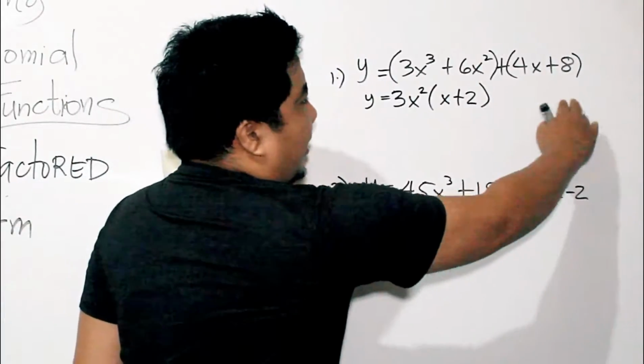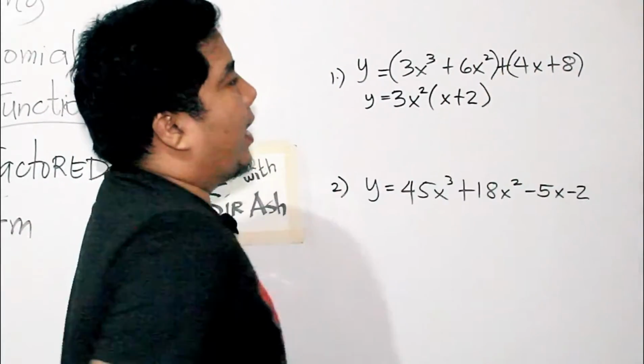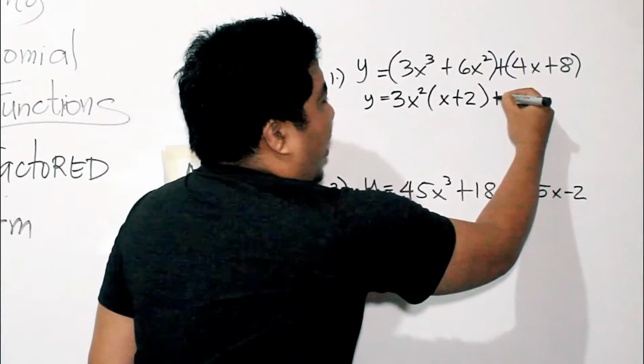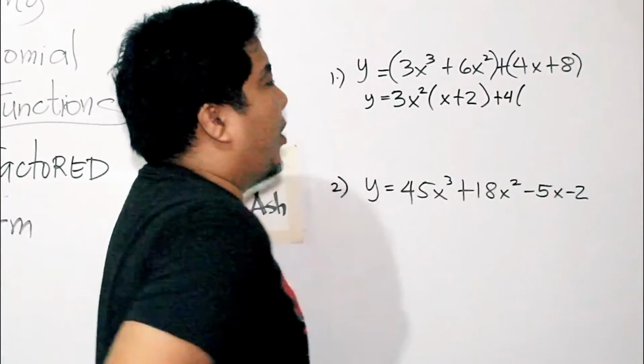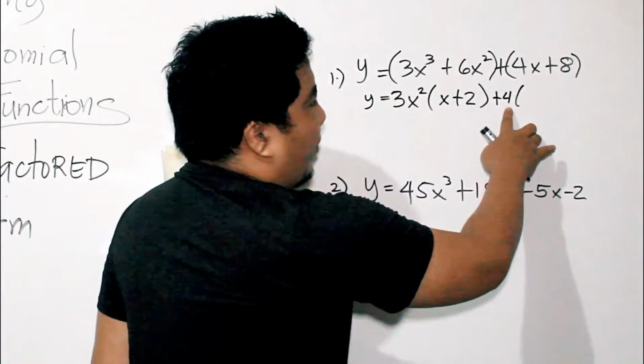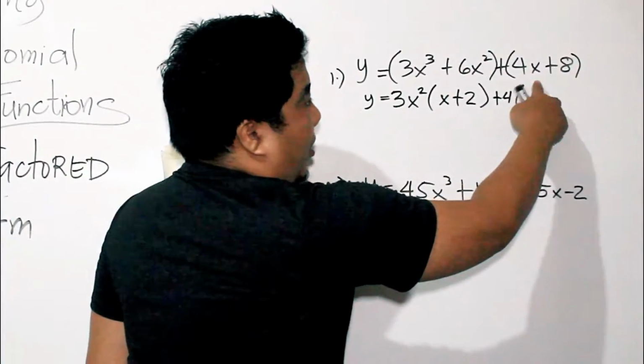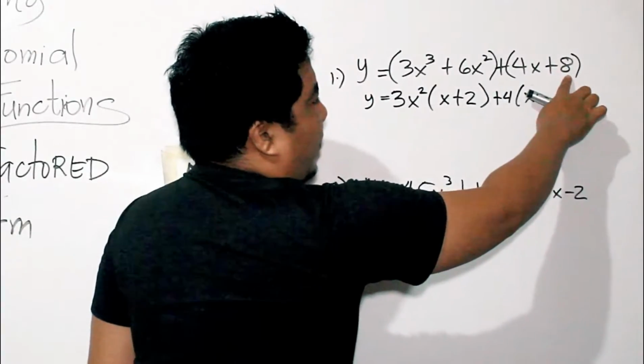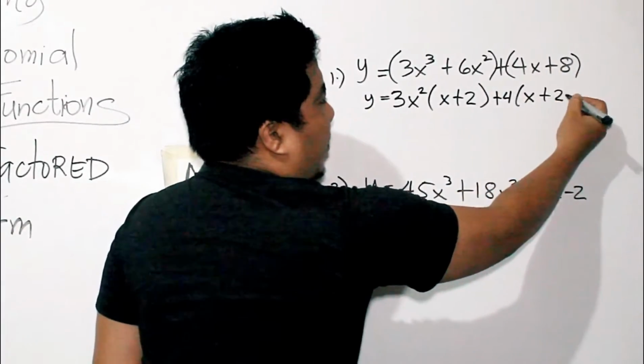How about this side? What is common between 4x and 8? The common factor is 4. So I will extract positive 4. If I extract positive 4 from this term, this will become x, and if I divide 8 by 4, this will become positive 2.